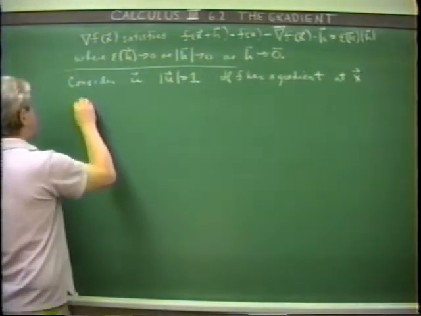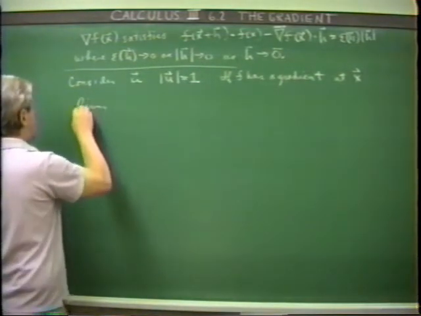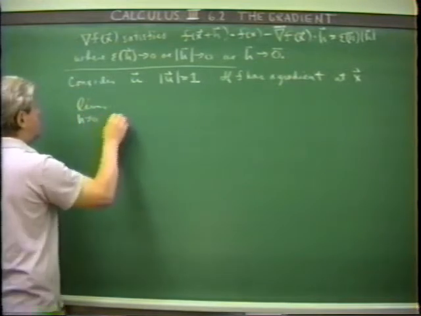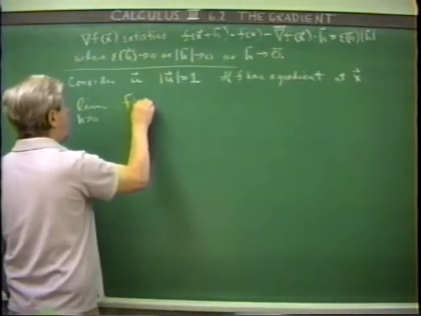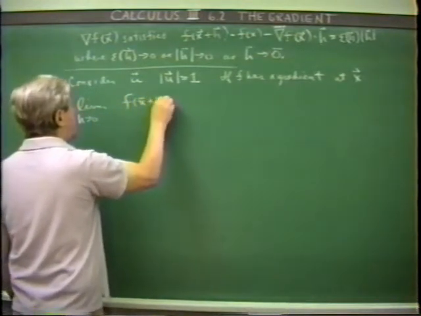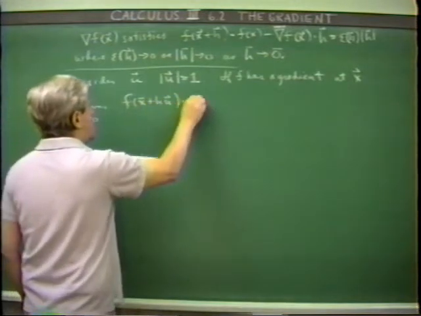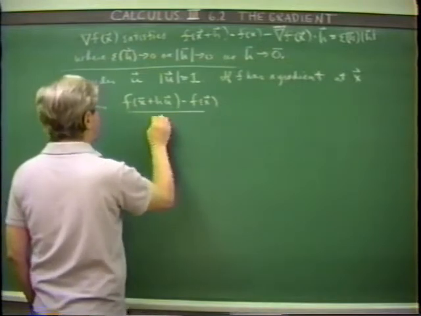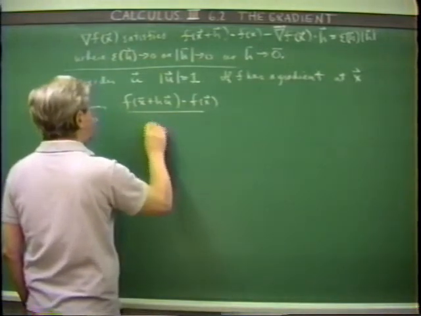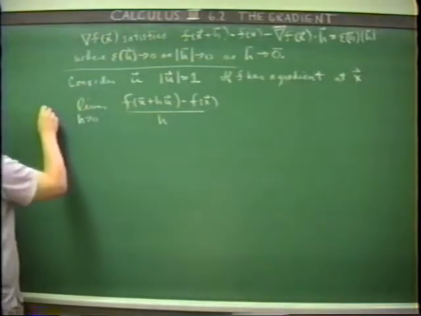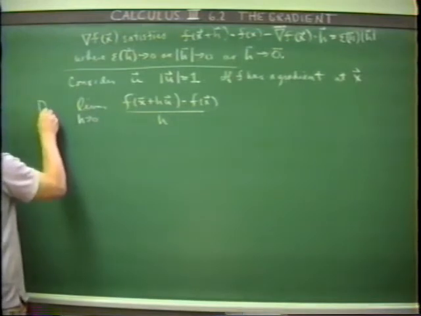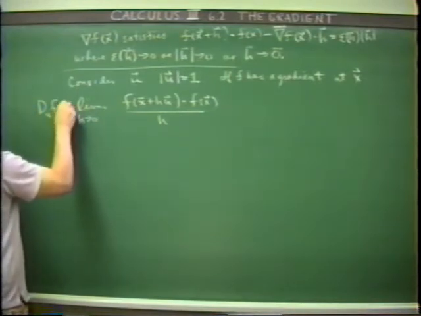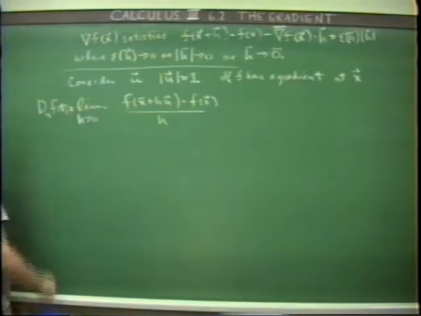Then what we want to do is take a look at the limit as h approaches 0 of f of x plus hu minus f of x divided by h. And recall that this is the directional derivative in the direction u of f at x.